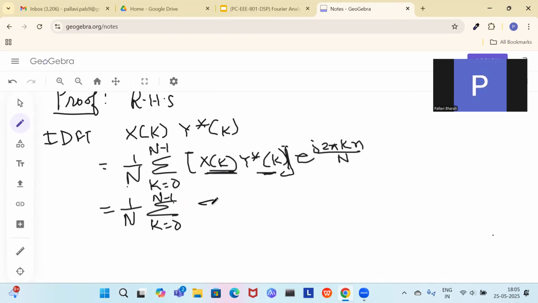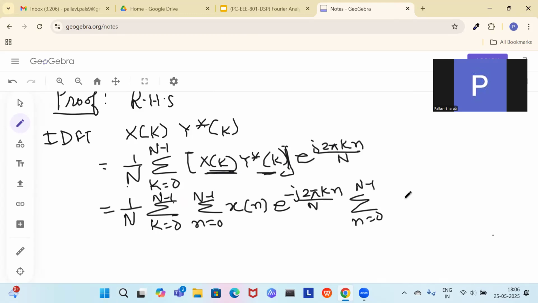Now again we will write the summation n equals 0 to N minus 1 x[n] e to the power minus j 2 pi k n by N. And also for this Y star [k], n equals 0 to N minus 1 y[n] e to the power minus j 2 pi k n by N, just put a conjugation here. And then finally, you have e to the power j 2 pi k n by capital N.